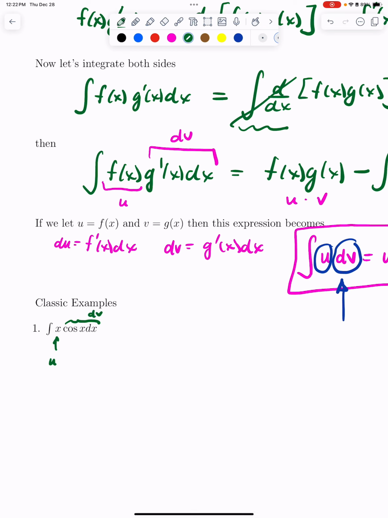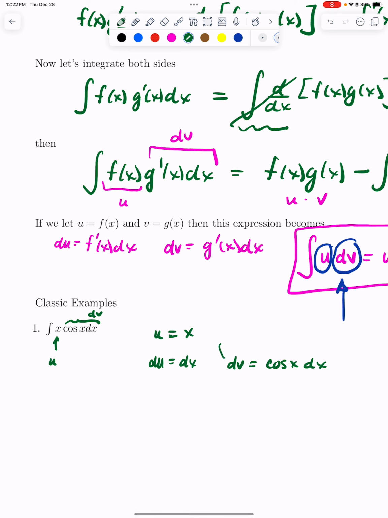So u is going to be my x, which means everything else, cosine of x dx, is my dv. Once I've named that, well, then the rest falls out, right? If u is equal to x, then du is just dx.